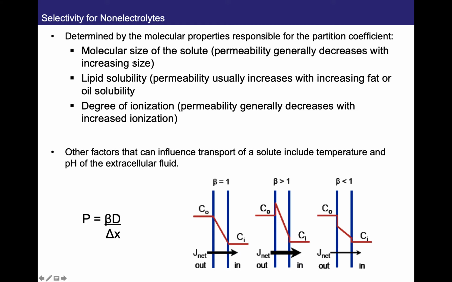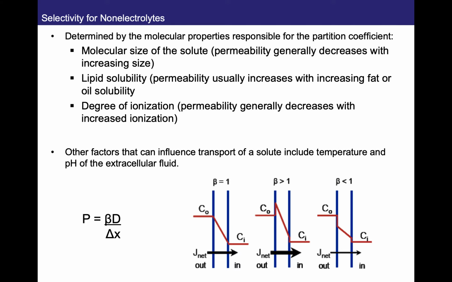So when you are determining the molecular properties responsible for the partition coefficient, usually molecular size of the solute is important. The smaller the size, the more it's able to partition into the membrane. Again, lipid solubility is important, whether this is a hydrophobic molecule or not. And then degree of ionization.